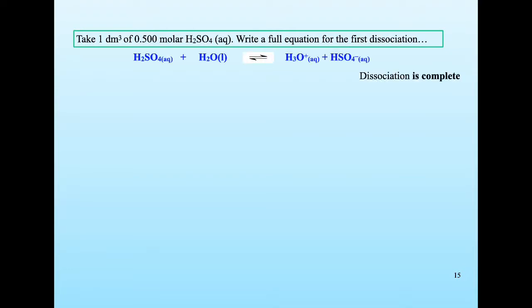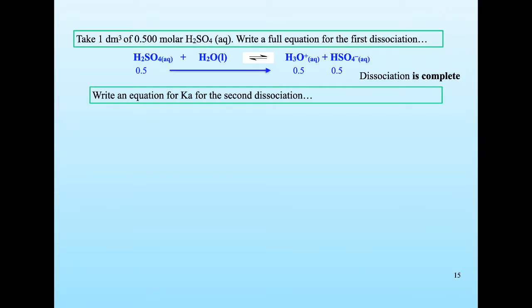There's the full equation for the first dissociation, and that dissociation is complete. So 0.5 moles per decimeter cubed sulfuric acid gives me 0.5 and 0.5 moles per decimeter cubed of the oxonium ion and the hydrogen sulfate ion. Great.